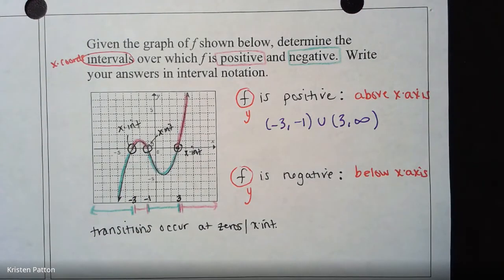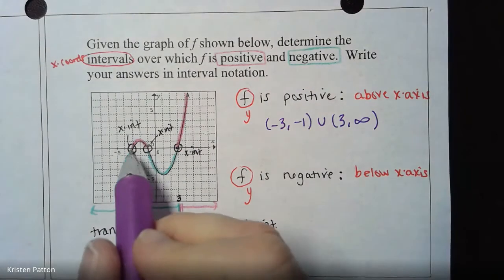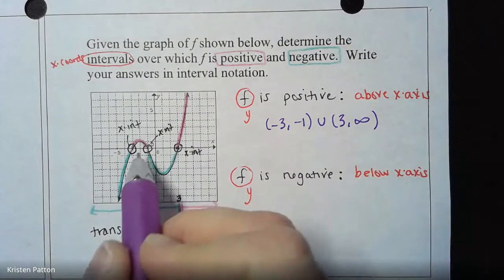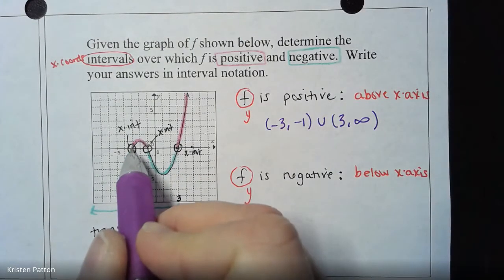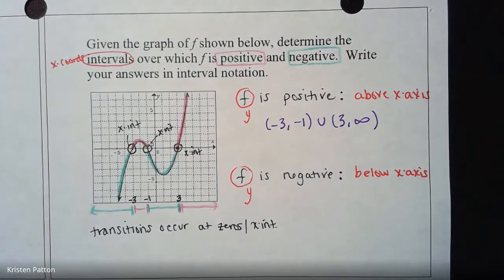Now, I am definitely only using parentheses here. Why do I not get to include the -3? Because I'm not above the x-axis there, I'm on the x-axis there. So we want to make sure for this question we're only using parentheses. And then I'll answer the last one. When is it negative?